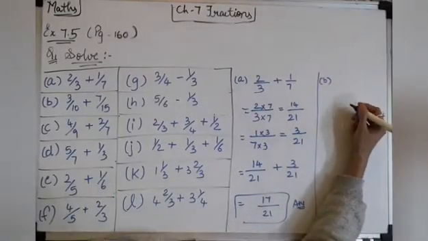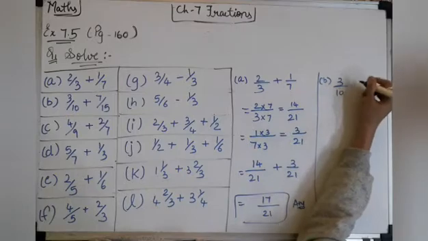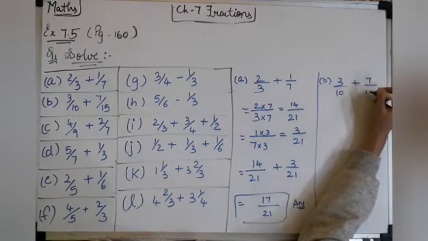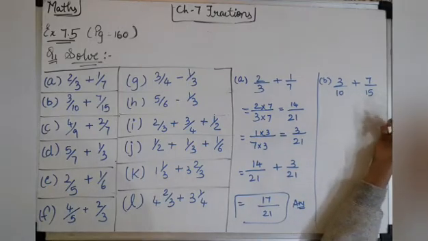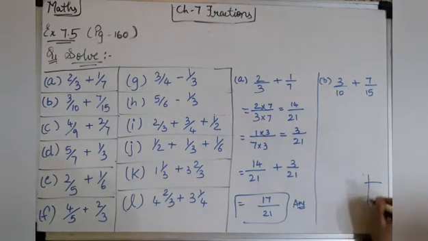B. The question is 3 upon 10 plus 7 upon 15. 10 and 15 denominators are different, so take out the LCM.